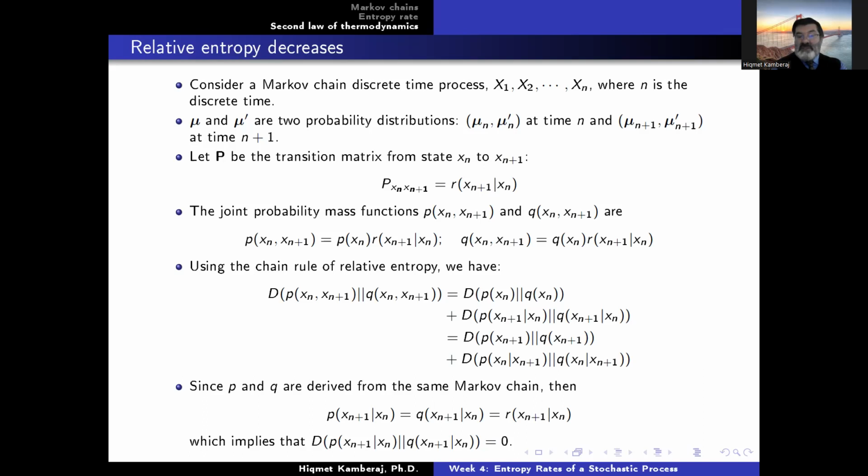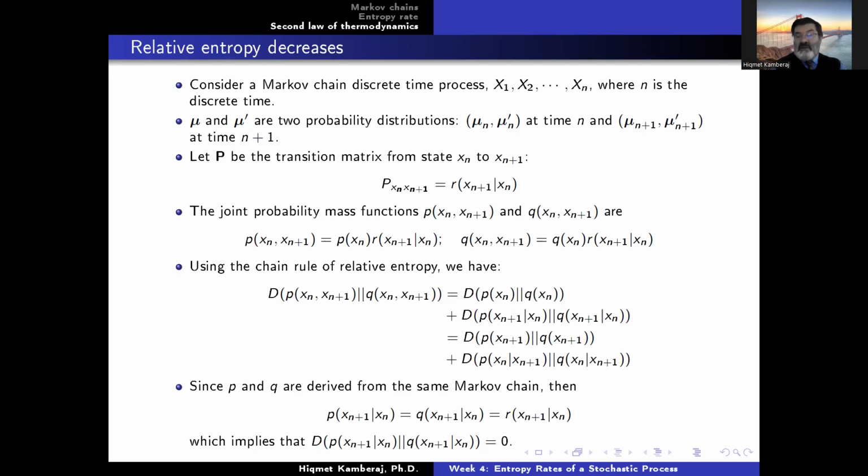Moreover, since the process is a Markov chain, this does not depend on the index n, and it is equal to the relative entropy of P of xn plus 1 from Q of xn plus 1, plus the relative entropy of P of xn given xn plus 1 from Q of xn given xn plus 1.